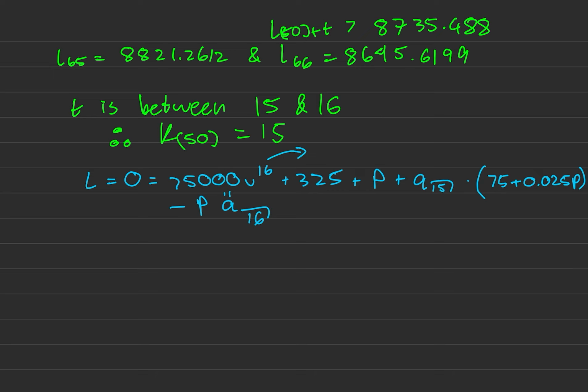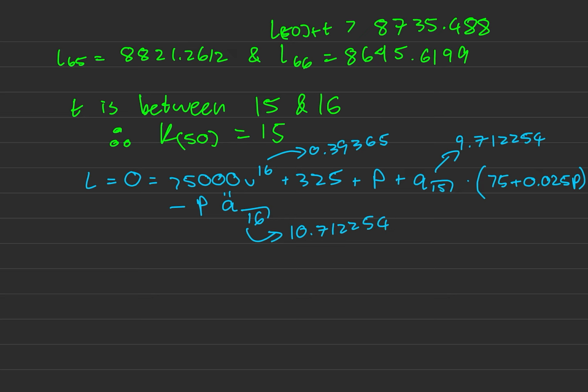It turns out that this V16 is equal to 0.39365. This A15, the annuity in arrears for 15 years, equals 9.712254. This annuity in advance equals 10.712254.